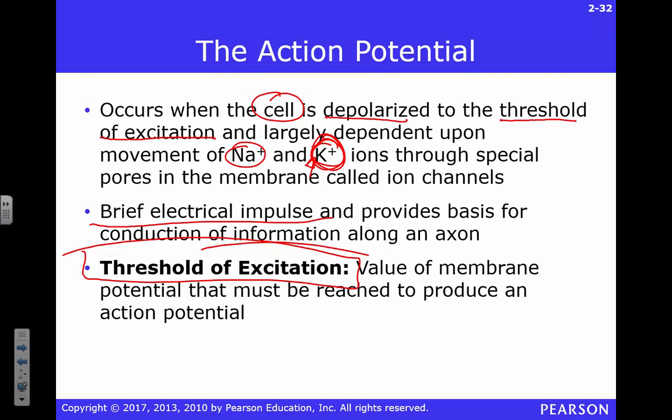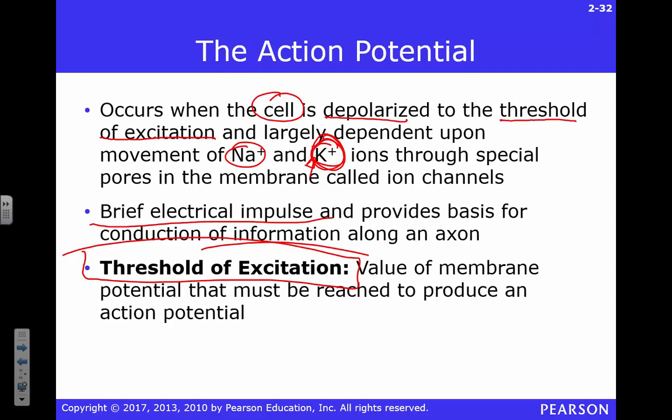You just have to figure out which way it's going to go, and get out of the way. That's that threshold of excitation, that point of no return. Once we get so positive, so many ion channels have opened that more ion channels are going to open, and we're going to do an action potential whether you want to or not.